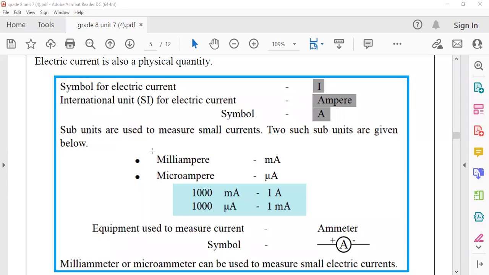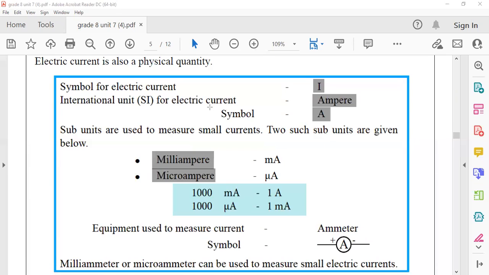What are the sub units of measuring electric current? Ampere, milliampere and microampere. How do you mark milliampere?